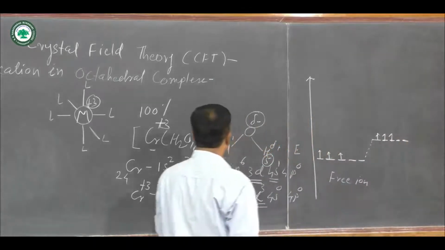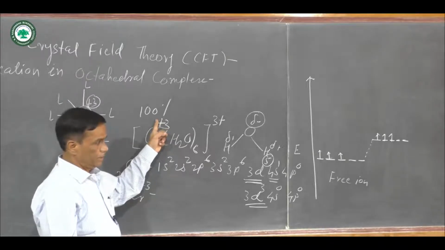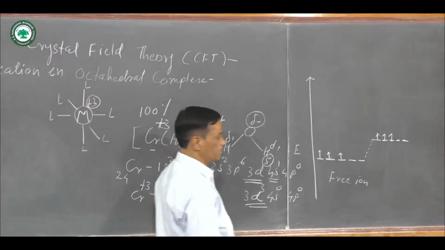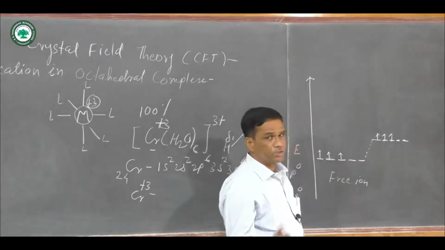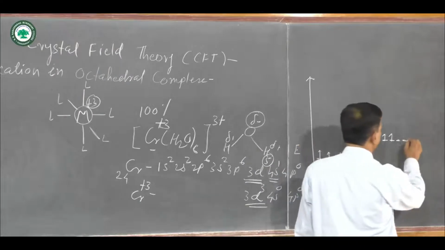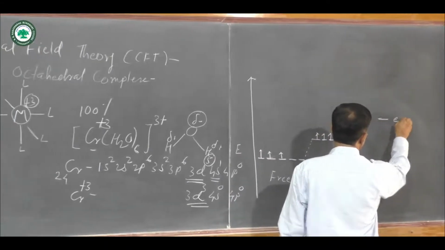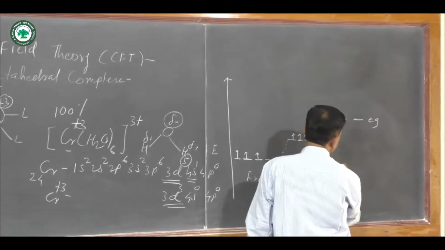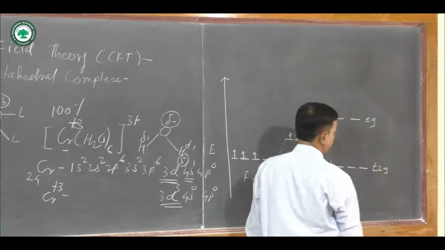Then when 100% ionic bond is formed, the degeneracy of these 5 d orbitals breaks into 2 sets. One is known as the Eg set and the second is known as the T2g set, and it is represented here.